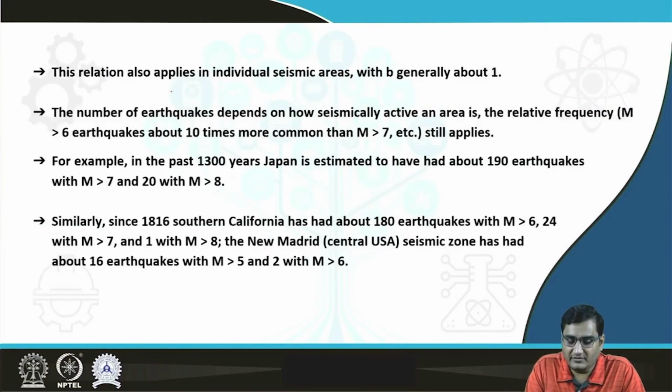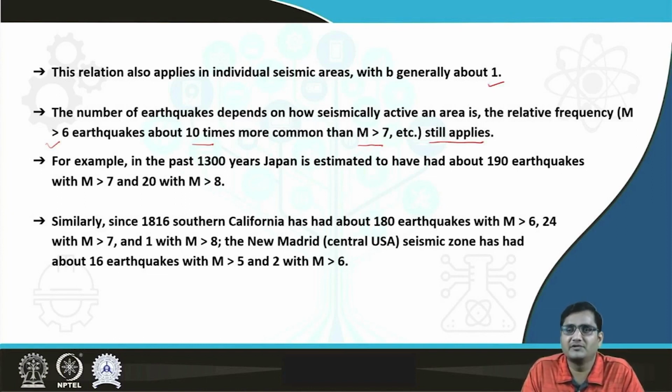This relation also applies in individual seismic areas, with b generally about 1. The number of earthquakes depends on how seismically active an area is. The relative frequency, where earthquakes of m greater than 6 are about 10 times more common than magnitude 7, still applies. Instead of using it for a larger area, you can also apply this relationship for a smaller area as well.